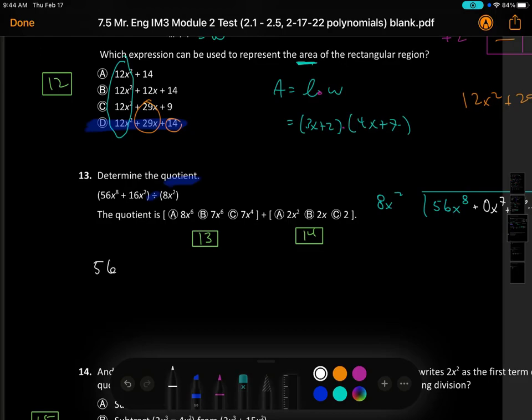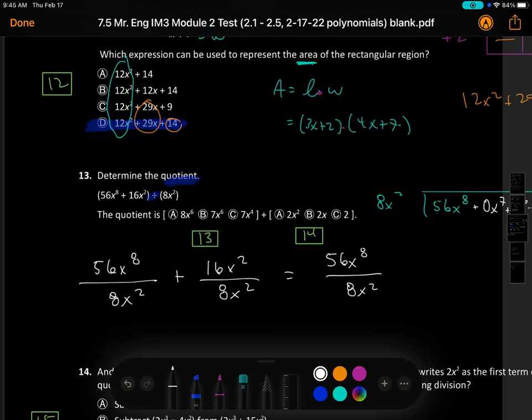So division here is each of these terms are being divided by 8x squared. Because remember now in fractions, this is how you're adding this together. You can add the fractions if they have a common denominator. So it will look something like this.